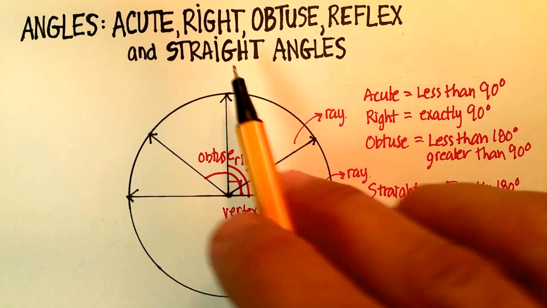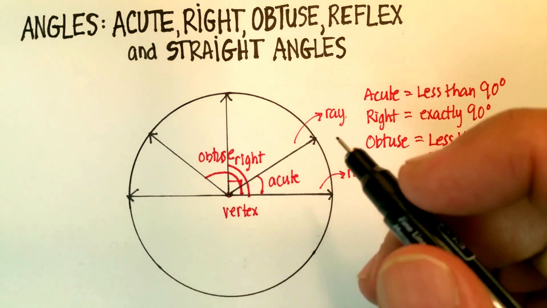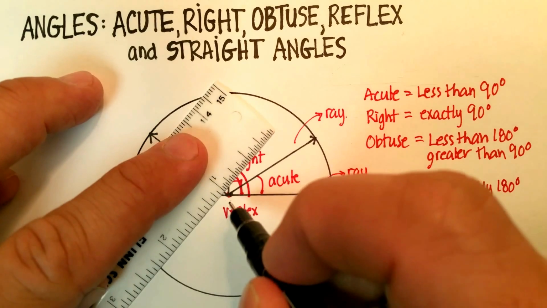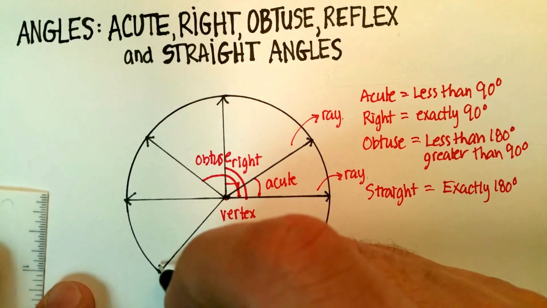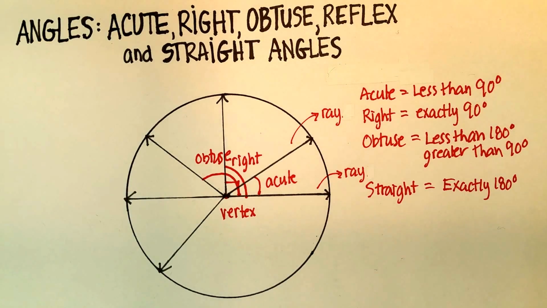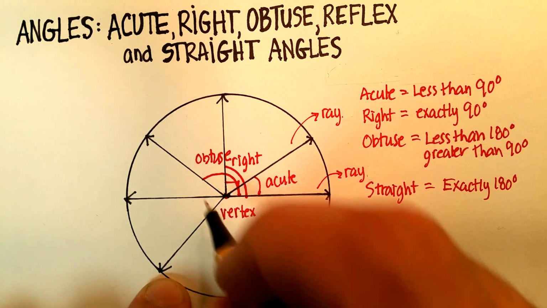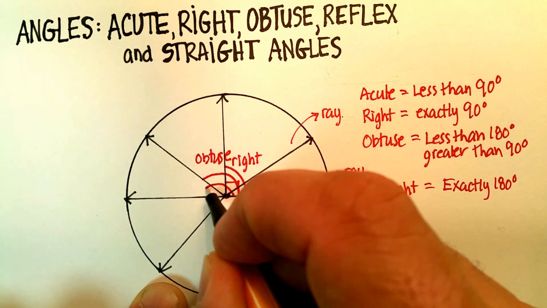Okay. And then finally, a reflex angle. Let's just draw one more ray over here. Actually, I should put that straight there. Let's do this.